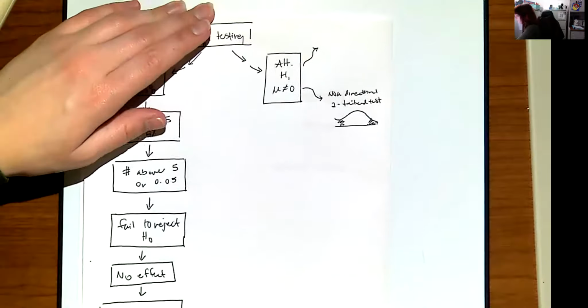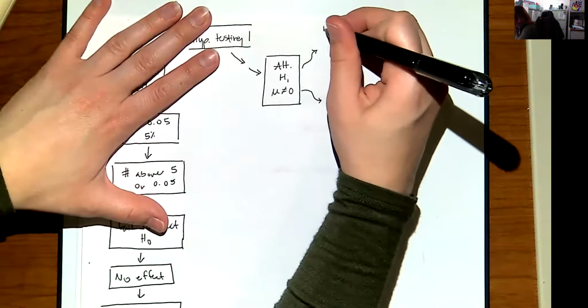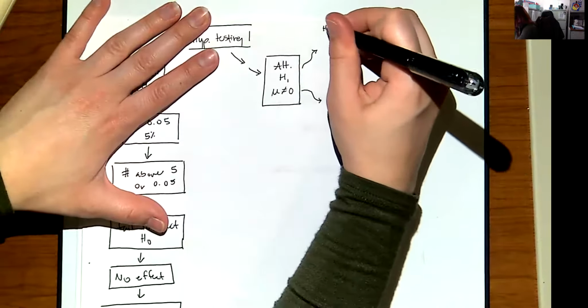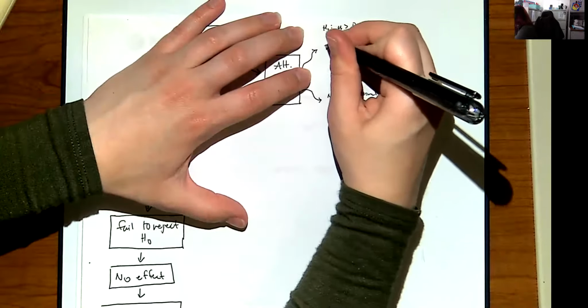On the other hand, we can have what's called a one-tailed test. It would either look like this. So an H1 of mu is greater than 0 or mu is less than 0. This is known as a directional hypothesis.